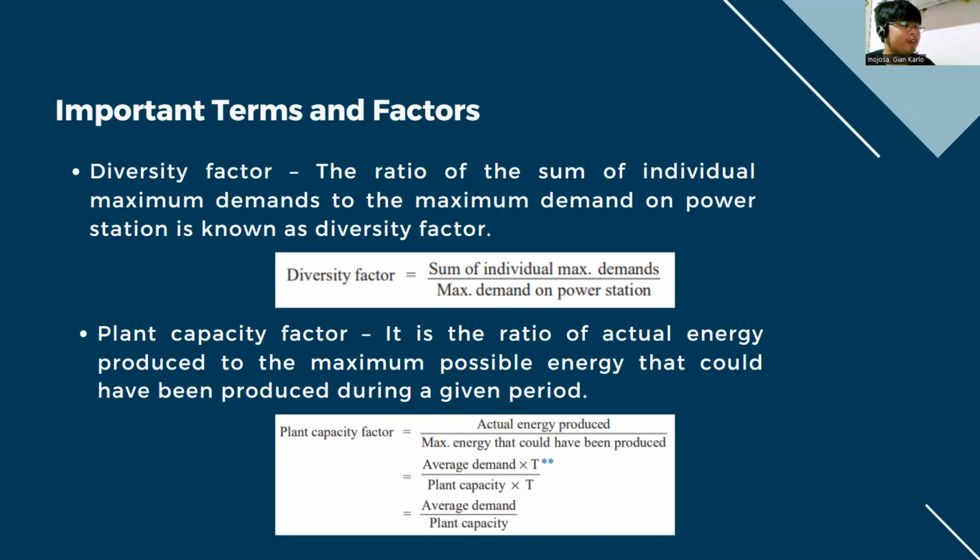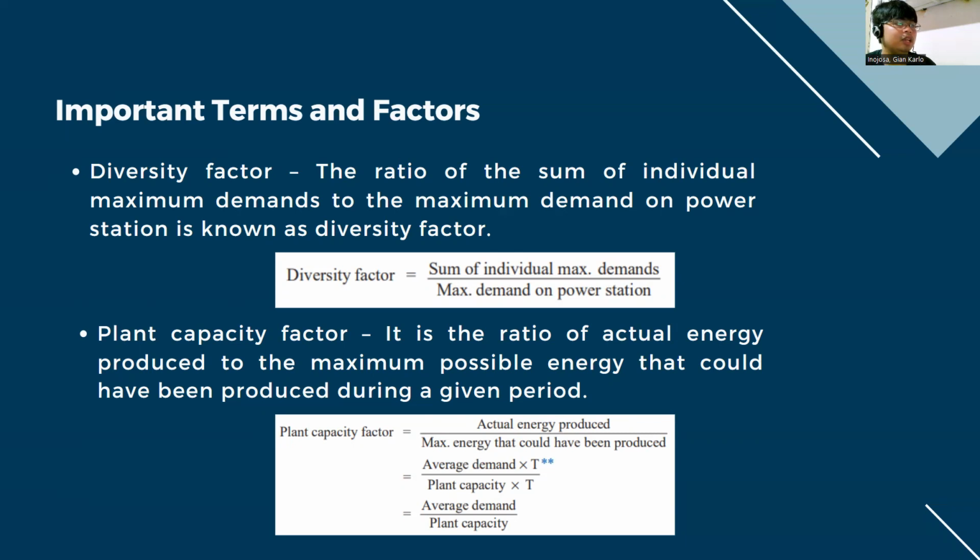For plant capacity factor, it is the ratio of actual energy produced to the maximum possible energy that could have been produced during a given period. Plant capacity factor is equals to actual energy produced over max energy that could have been produced.